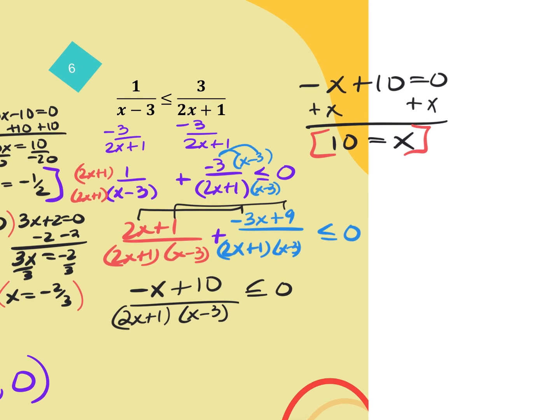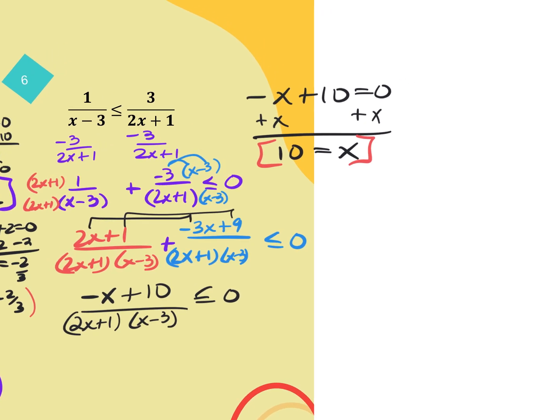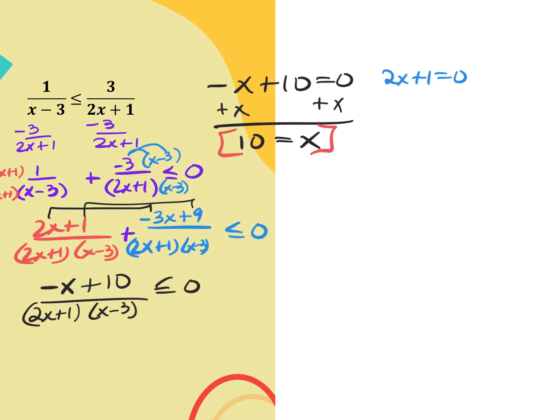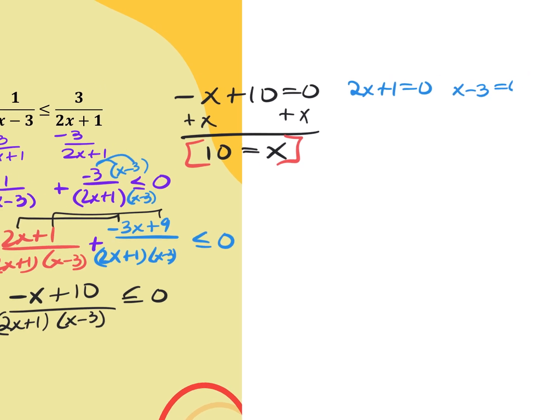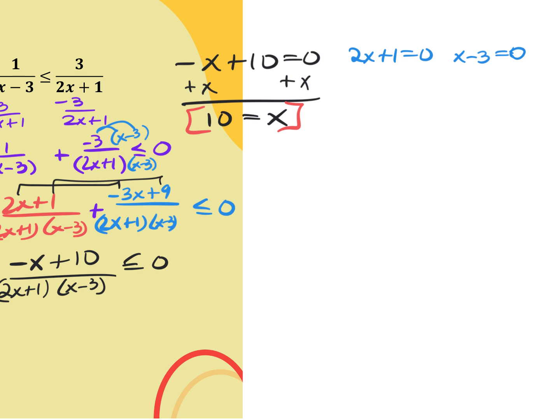And then set the denominators equal to 0. So 2x plus 1 equals 0, and x minus 3 equals 0. Subtract the 1. Divide by 2.